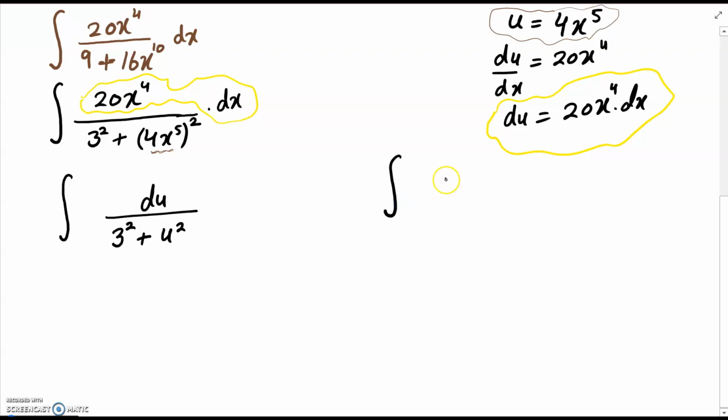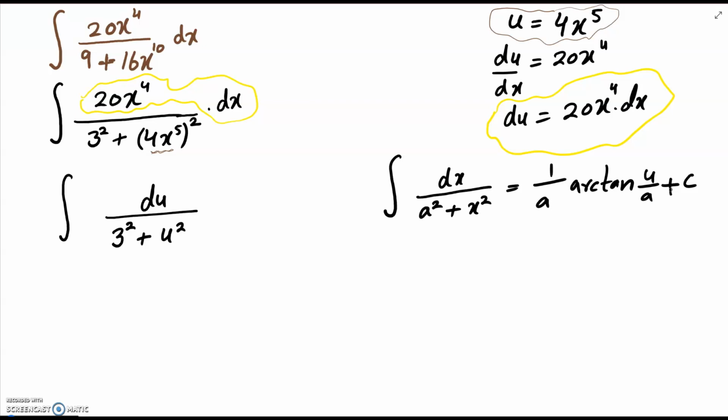Integration dx over a squared plus x squared is equal to 1 over a arc tan of u over a plus c. Arc tan represents tan inverse. Okay, now you can compare your question with this one.